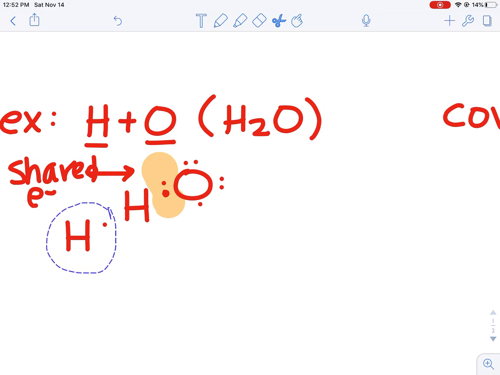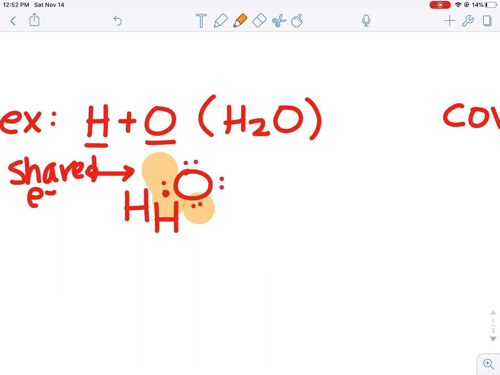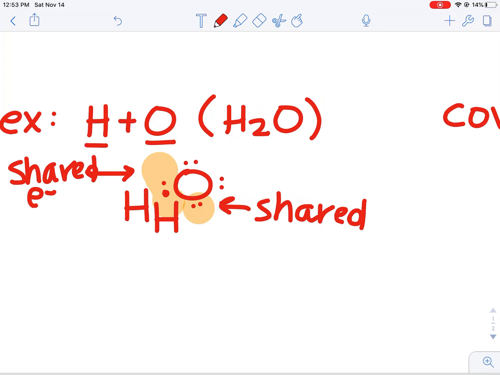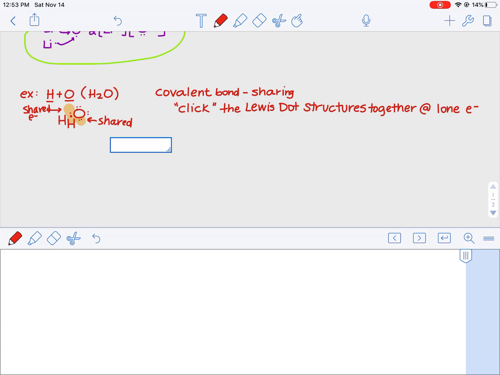So if I take this second hydrogen atom and slide that one or click it into the spot where oxygen's lone electron is, and those are again shared, that's where we have our covalent bonds. Now let me clean this up a little bit, because it looks like things are overlapping.